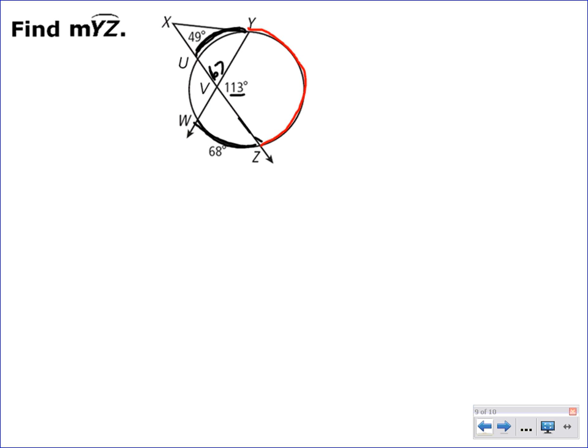So if I take what I know here of this angle on the inside, it's 1/2 the sum of the intercepted arcs. One of those arcs is 68, the other arc is UY, and that's going to be equal to 67 degrees. So I'm just going to solve from there. I'm going to multiply both sides by 2.